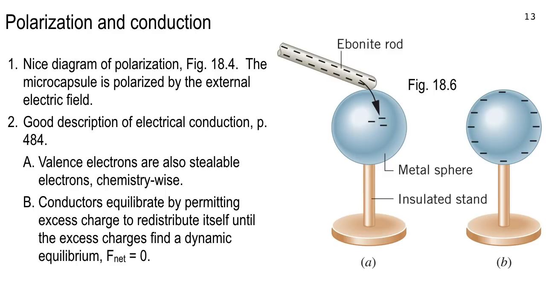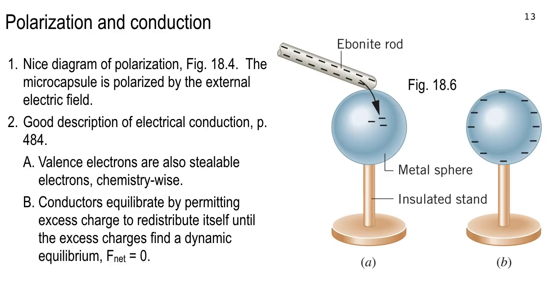Then they'll redistribute themselves, they'll equilibrate, and that's the second part here, image B. The electrons will redistribute themselves strategically so that they're getting repulsion from the other free electrons, the conduction electrons. But if they're a little bit too close to one, they'll move away until everybody's at equilibrium.